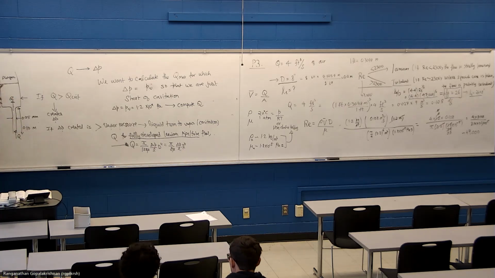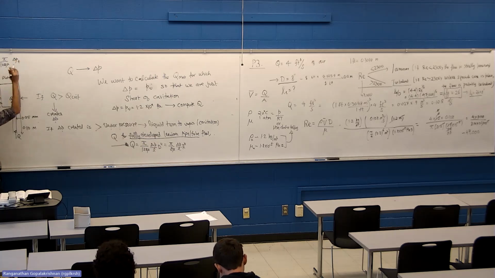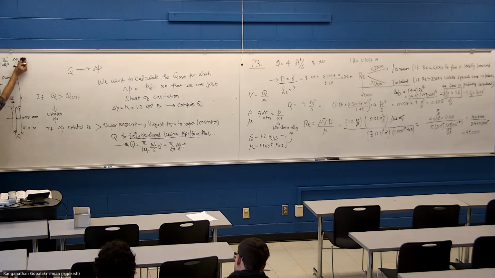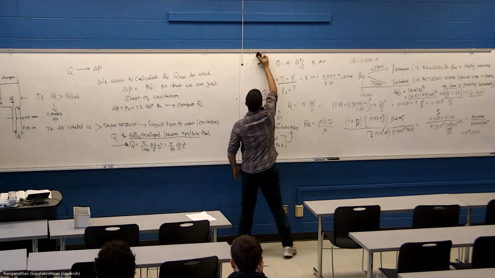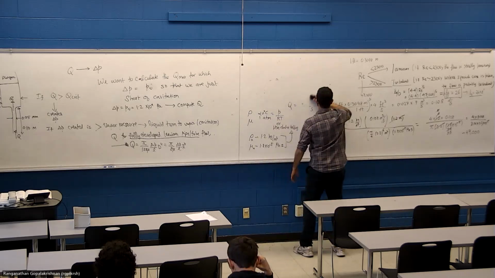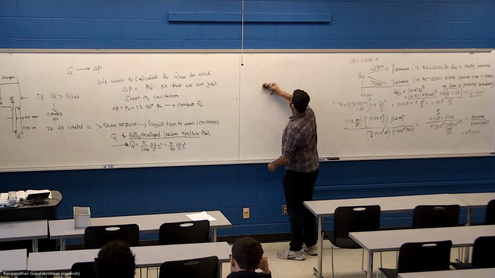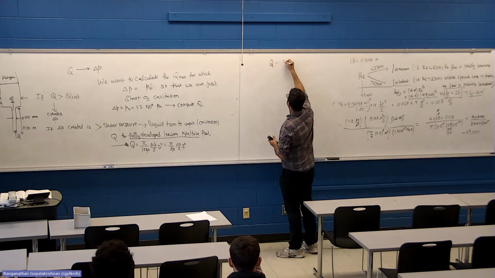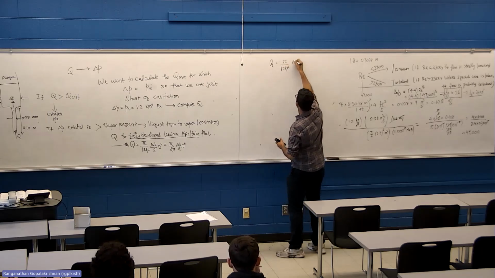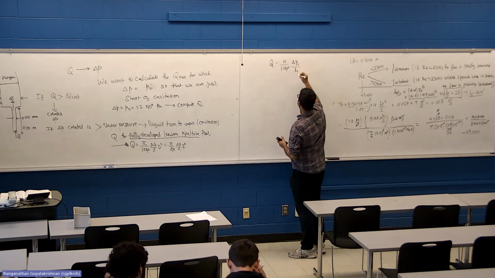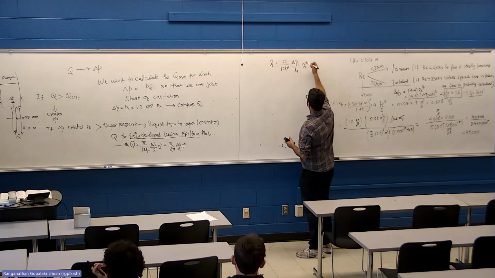So if you assume Q is constant, Q is pi over 128 mu, delta P1 divided by L1, times D1 to the 4.